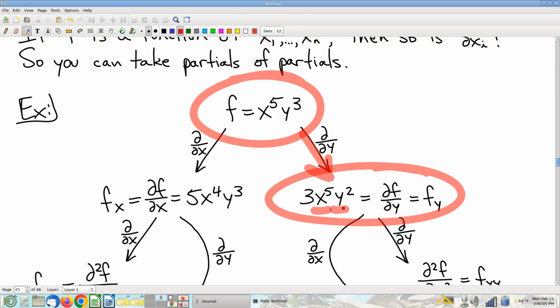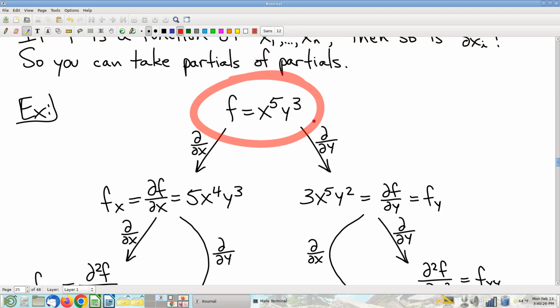But it's still a function of x. So likewise, this is a function of x and y, I'm going to say intuitively because you can visibly see the x's and y's, but that's not essential. It truly is a function of x and y because derivatives of functions of certain variables are functions of those same variables. Okay. No, it's a great question, but sometimes great questions have easy answers.